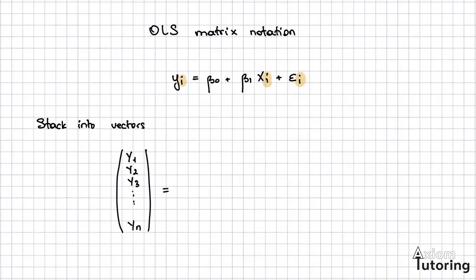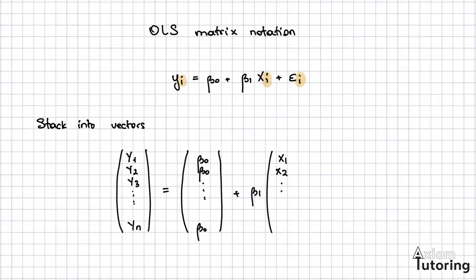And you've got some intercept that applies basically to all of them, so you would have beta null, until the end, beta null. And then you've got beta 1 times xi. So what is happening there is you have some value beta 1 that technically is multiplying your x1, x2, until your xn. And finally, you've got the stacking of all of your error terms.